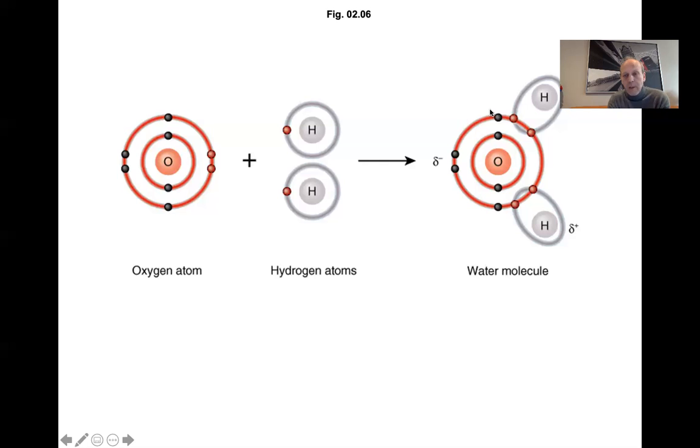But overall, the molecule has electrical neutrality, but it's polarized, which means that one part of the molecule will be more positive, the other part of the molecule will be more negative, and that quality is what we need in order to understand how it is possible that water is the universal solvent that the human body needs to have.